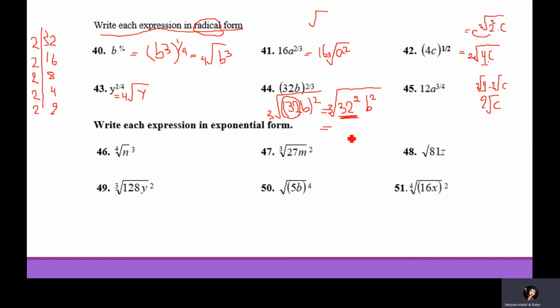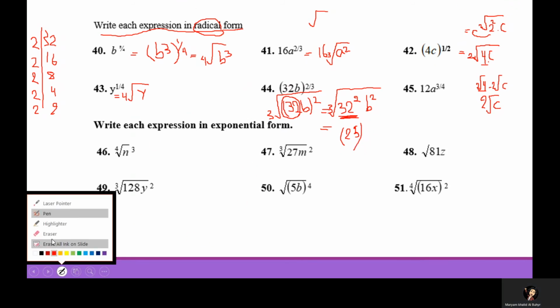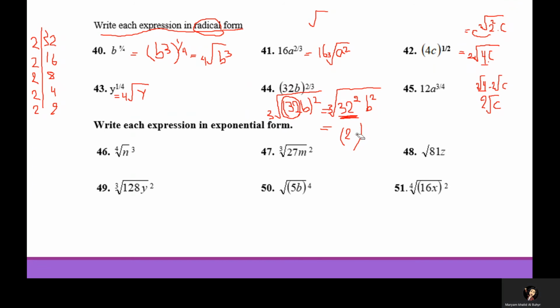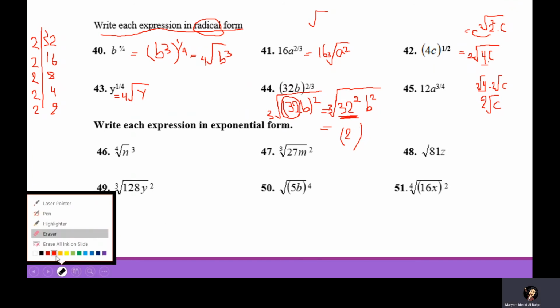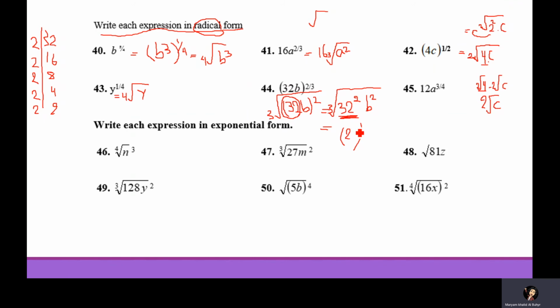So that is 2 to the power 5, sorry, all this to the power, it looks 25, I will fix it. So that's the power 5, it's coming from the 32. So all this to the power 2, I should not forget that. b to the power 2.